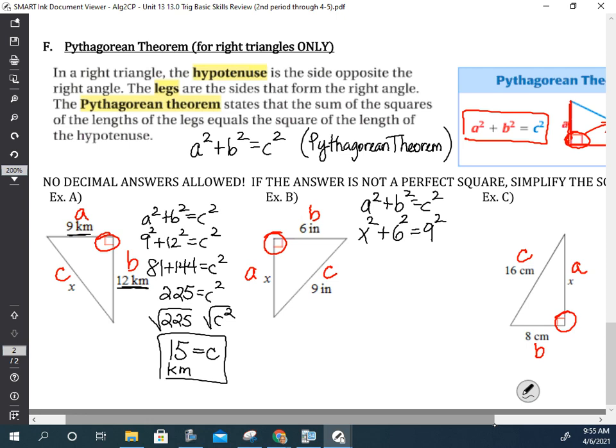So plug in what they gave you. If you can at least do that, it'll at least get you the sympathy point. So 6 squared is 36. 9 squared is 81.